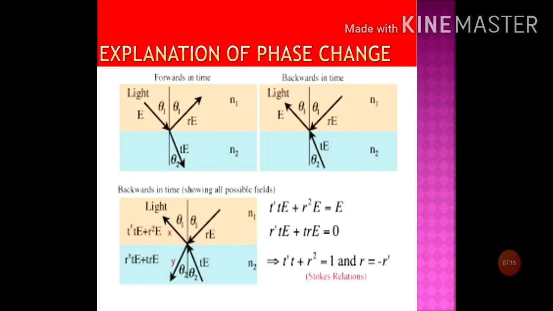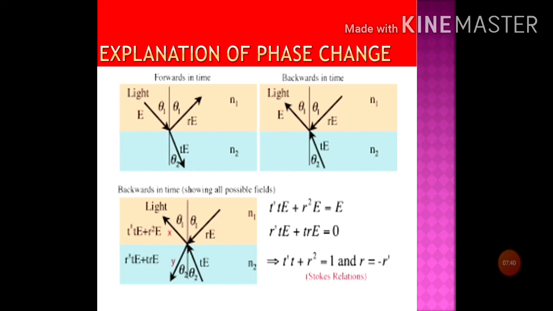Now the second equation. You can compare figure number 1 and figure number 3. In figure number 1 we have only three rays, E, RE and TE. Nothing gets transmitted in medium 2. So here R dash TE plus TRE should be equal to 0, right?